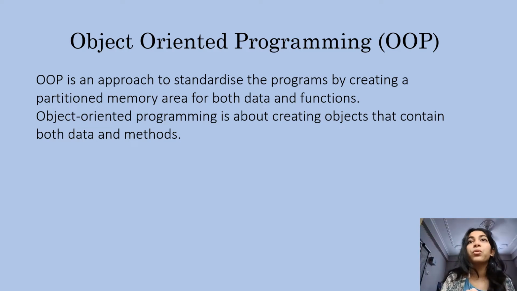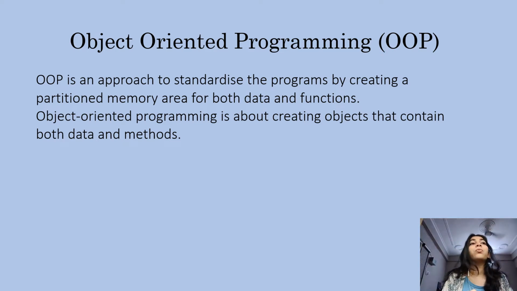So, object oriented programming is about creating objects that contain both data and methods. And unlike POP, object oriented programming does not allow free flow of data from one function to another.